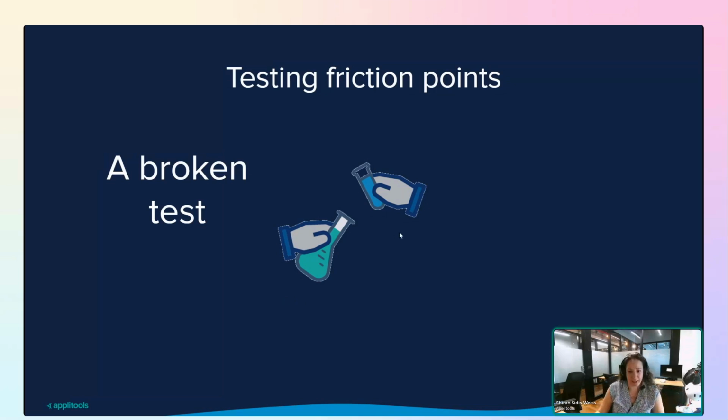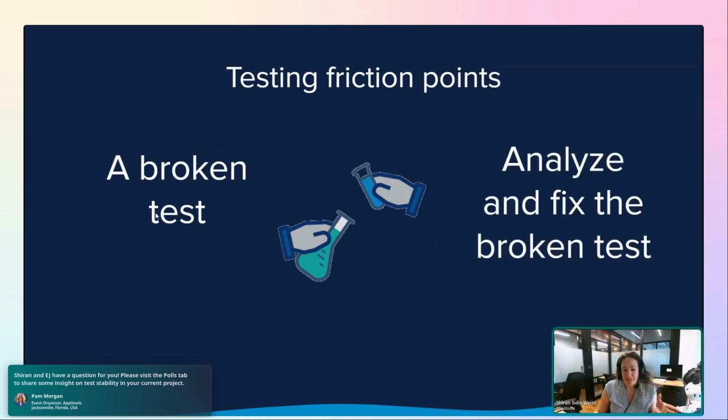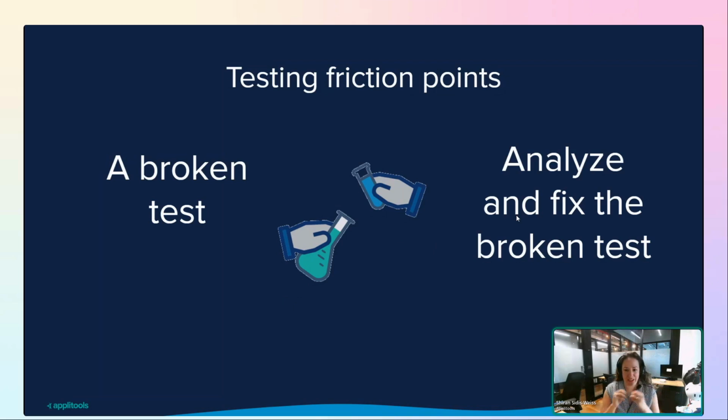That's the number one case that will require debugging. After a test breaks, the second factor is analyzing the root cause and fixing the broken test. These two factors together combine to a lot of friction points, and we would naturally want to reduce both the number of broken tests and the time it takes to fix them.